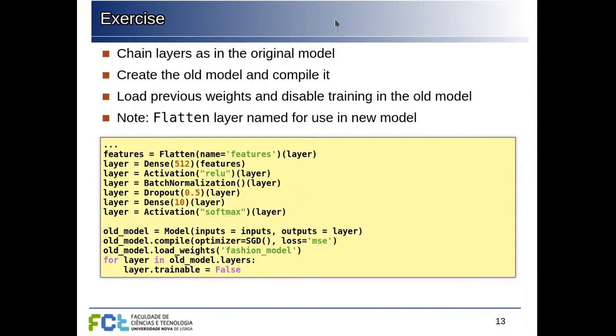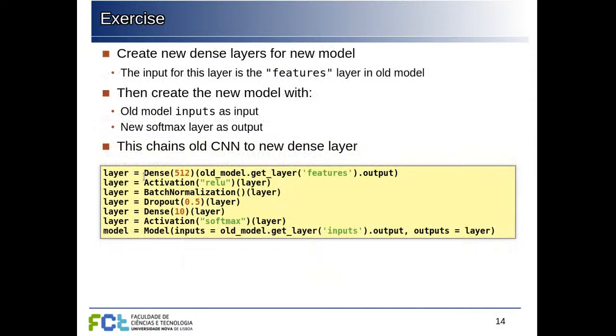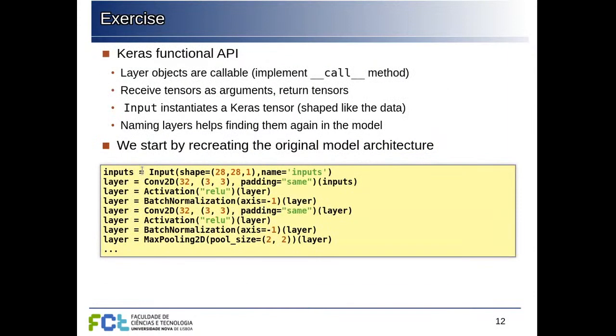And what this means is that now I have a part of the computation graph that can be created starting from the input of the old model. So this output attribute here is the actual tensor that outputs from the layer. So this is the layer that I used as input for the old model, which was this initial layer here.